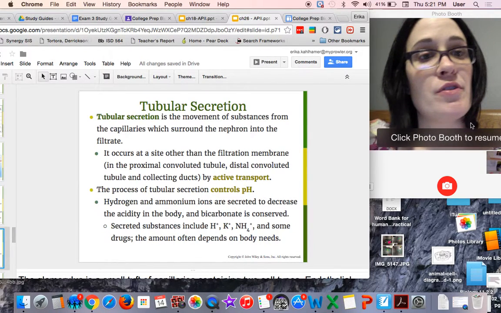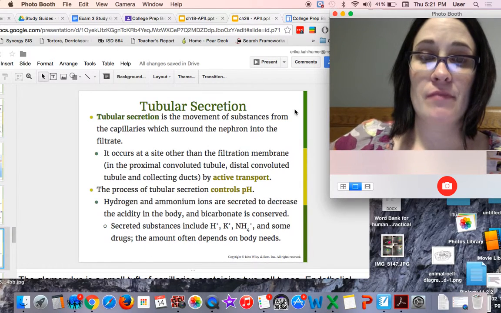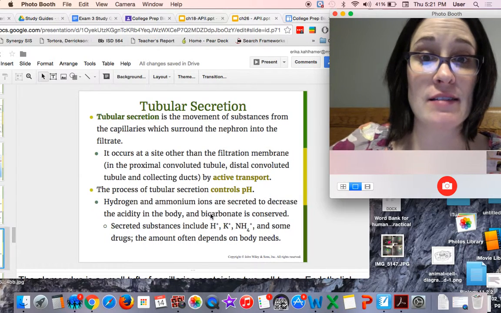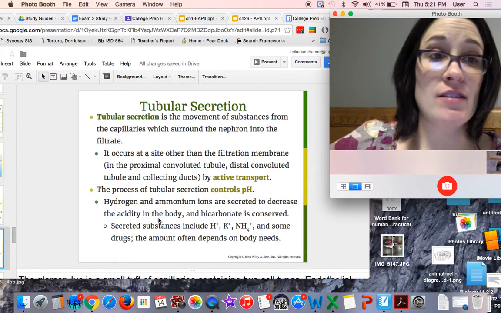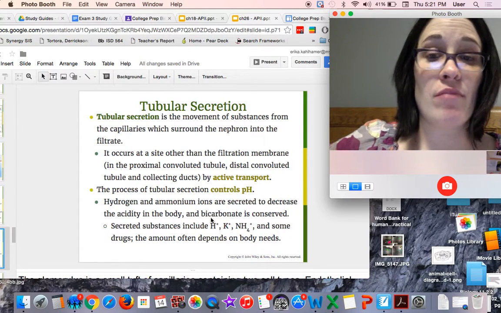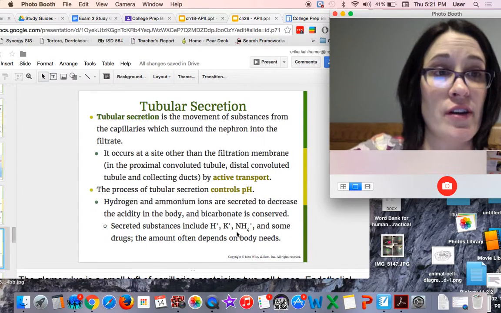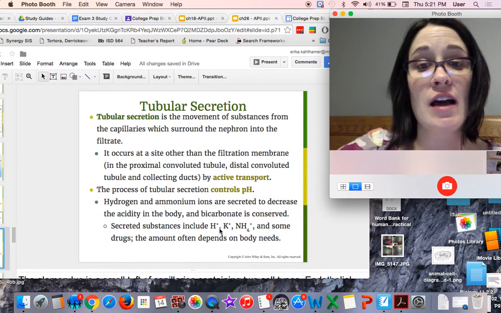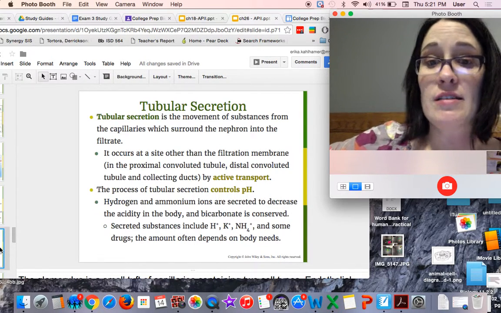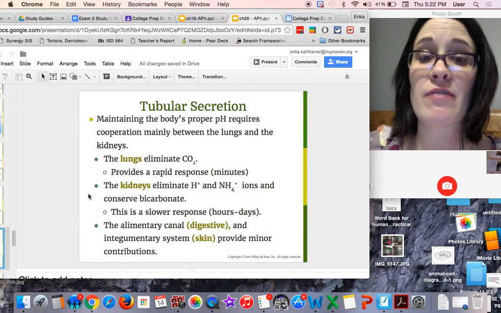Tubular secretion specifically controls pH by getting rid of hydrogen and ammonium ions if the acidity of the blood needs to be decreased. Bicarbonate is conserved. Substances that are usually secreted are hydrogen ions, potassium ions, and drugs. It just depends on what the body needs, because it can be different at different points in time.